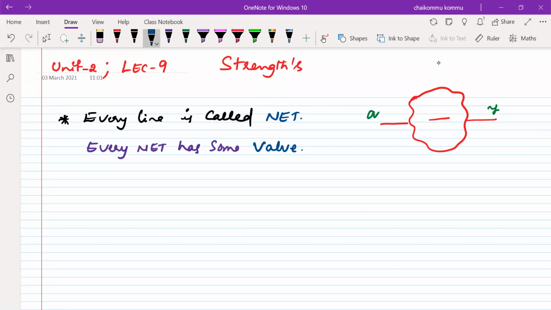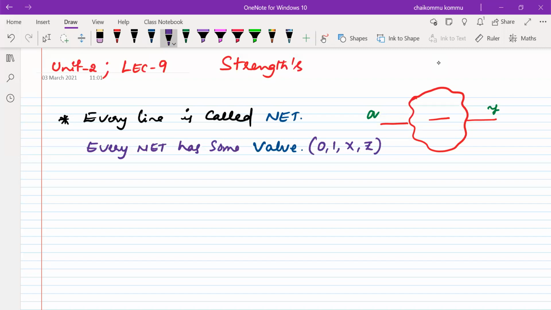The line A, that means the net A, can take a value of 0, 1, X, or the high impedance state Z. Therefore every line can be called a net, and a net has values: 0, 1, X, or Z. Therefore Verilog is a 4-value logic.